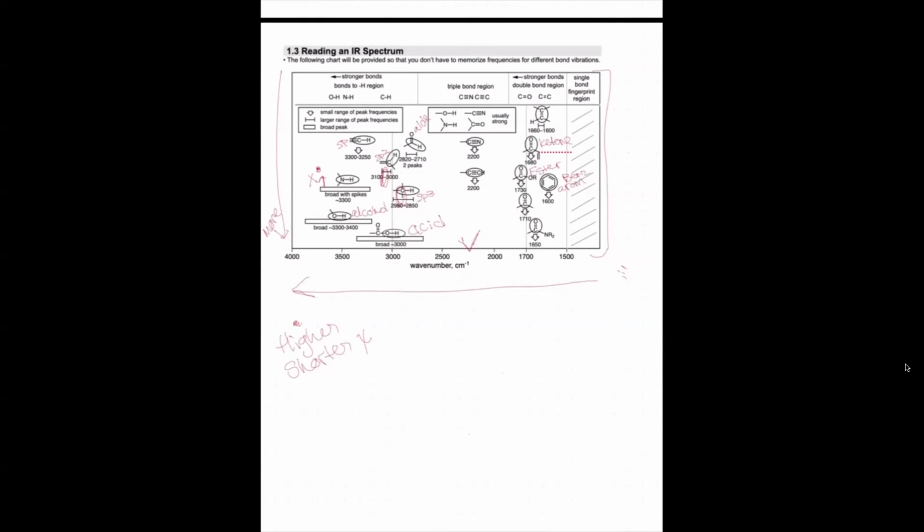Yep. And then the other one was, oh yes, the triple bond. You have to look at the fact that it has a large dipole, and I guess it's a strong bond from the triple bond. So strong absorption. Okay.